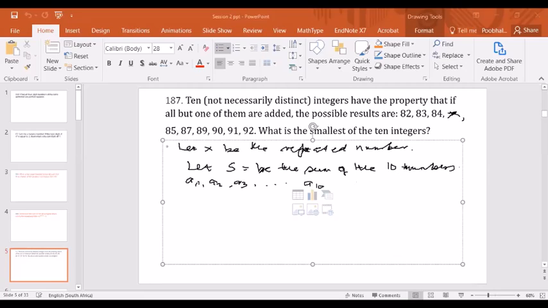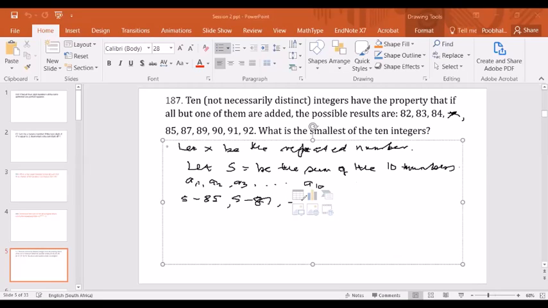So if S is the sum of the 10 numbers, the first of these numbers will be S minus 85. That's one of these numbers. S minus 87, all but one, you see.